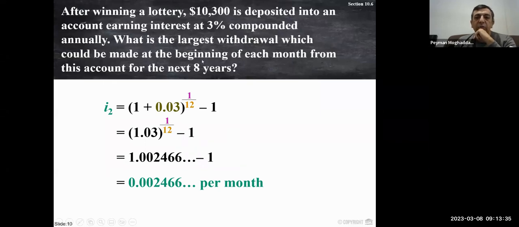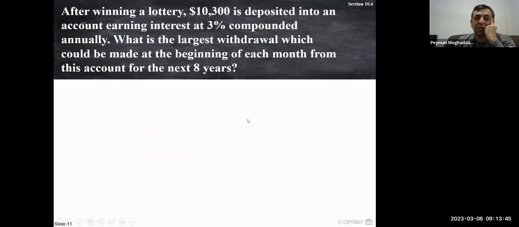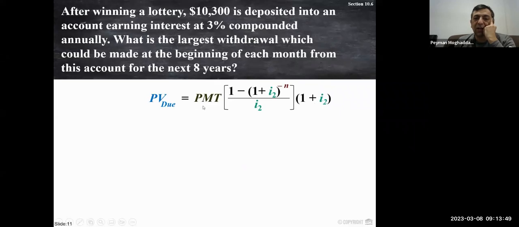Now we can use the present value formula for a simple annuity due, because we already have I2. This is the equation, and we use I2 for that. The present value of a due annuity is PMT times (1 minus (1 plus I2) to the power of minus n) divided by I2, multiplied by (1 plus I2).